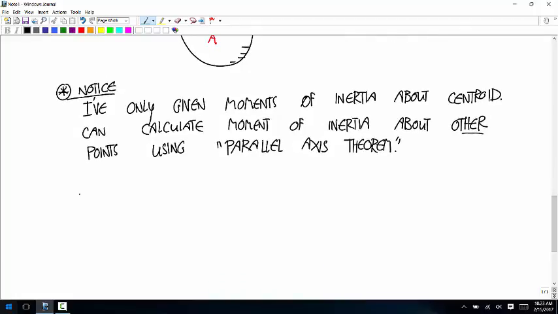So here's the idea of the parallel axis theorem. It's a really useful thing. You'll have to use it anytime your about point is not at the centroid of the object.